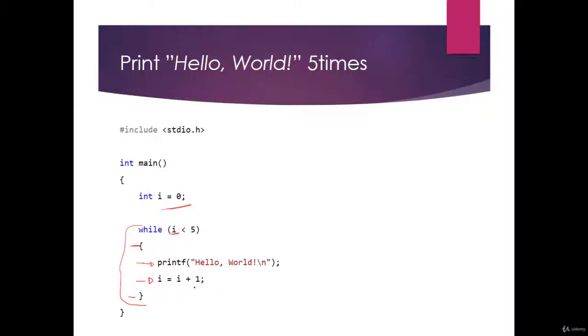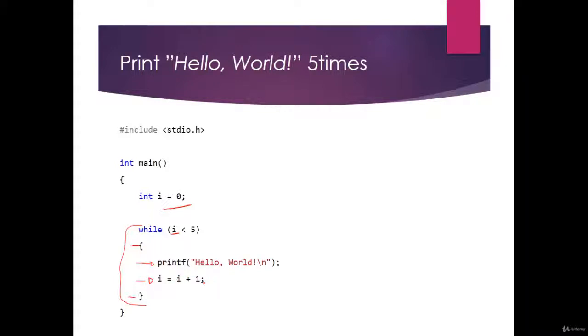The new value of i changes again to 2, which is again less than 5, so it prints the message again, then it goes to 3, which is less than 5, and this continues until i is 5.